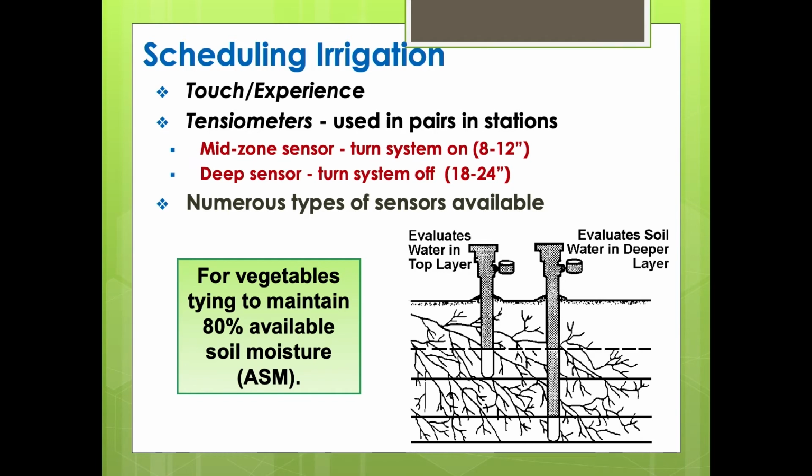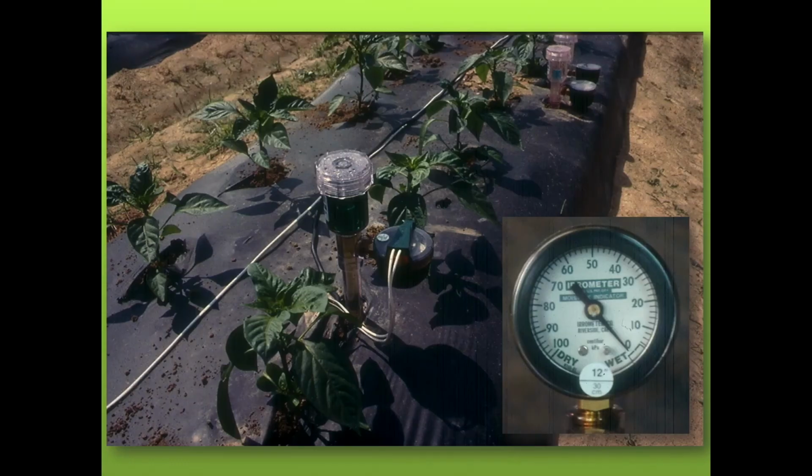Depending on your particular soil type, you're going to find a setting that tells you where you need to be for that particular soil type, to maintain the correct amount of available soil moisture to make sure your crop has what it needs. Aerometer is one company that makes them. You see this gauge goes from, this is actually negative, so 0 down to minus 100. You never get to 100 because that would be like out in the desert.